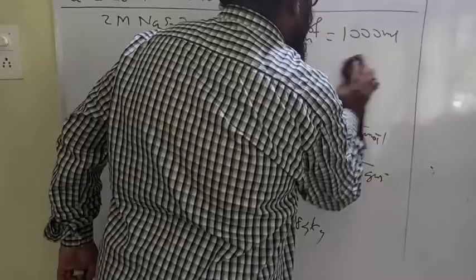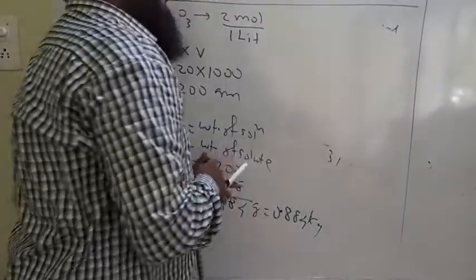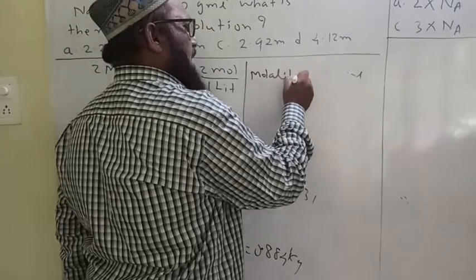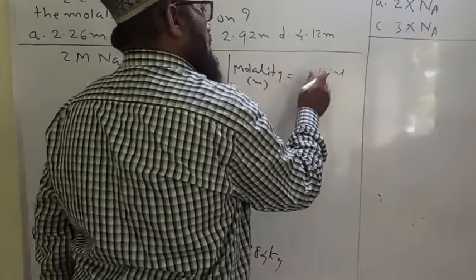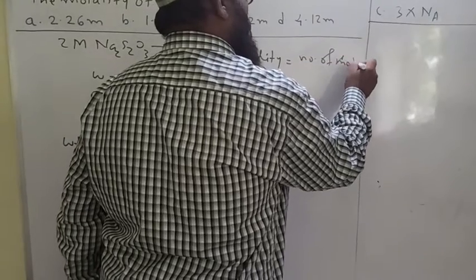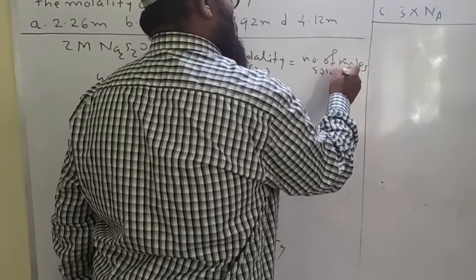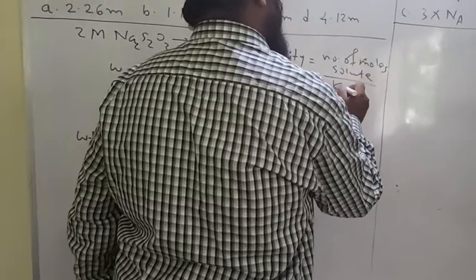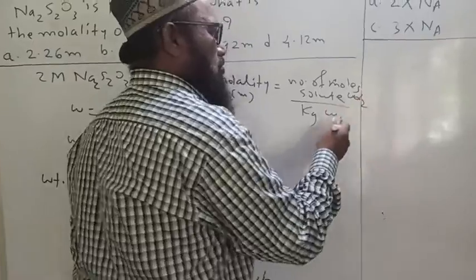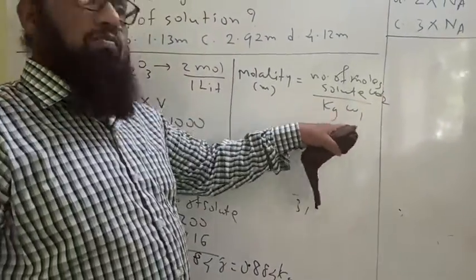What is the formula of molality? Molality m is equal to number of moles of solute per kilogram weight of the solvent, W2 weight of the solute, and kg weight of the solvent.